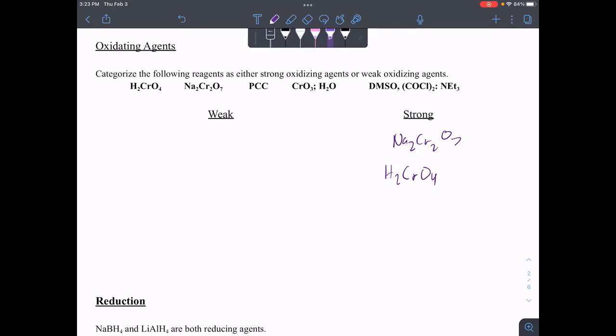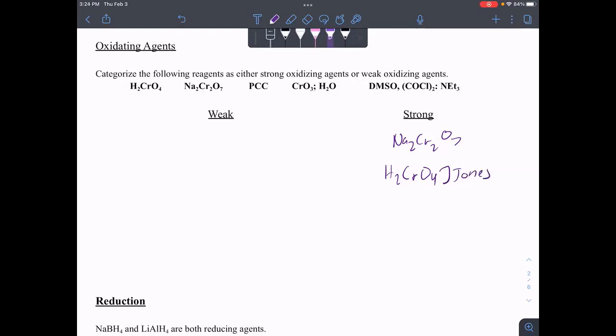I think it's called Jones reagent, but I'm not sure actually. Yeah, you're right. Okay.